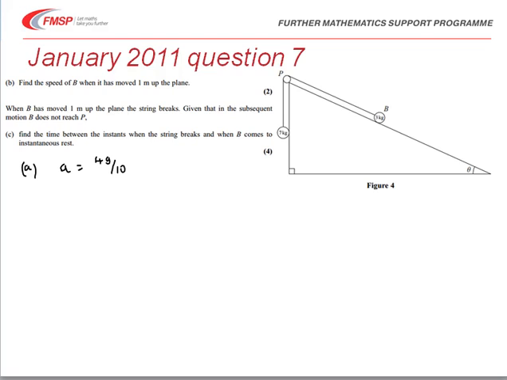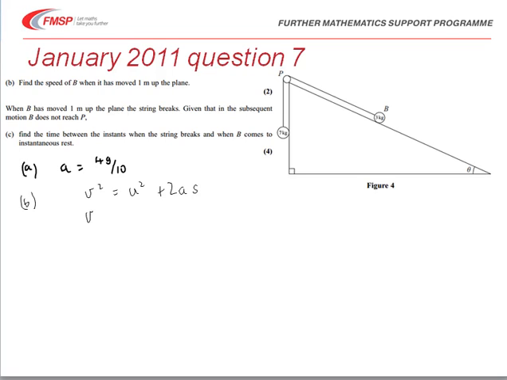Having solved part A of the question, we know that the acceleration is 4g over 10. So it says find the speed of B when it has moved 1 meter up the plane. Now this part B of the question is a kinematics question. So we can use the equation of motion v squared equals u squared plus 2as.